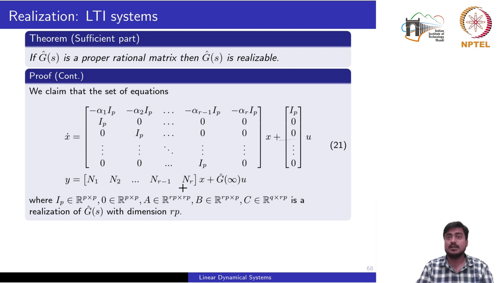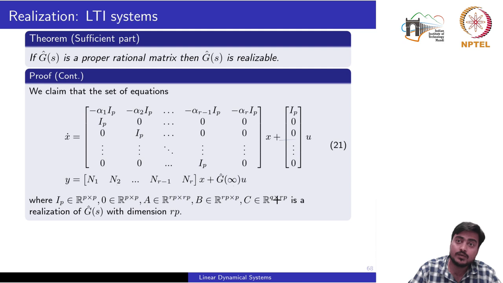Okay, so note what we had raised earlier, that there could be infinitely many state space representations, and it is not necessary that all these representations have the same dimension, right? So here we have the A matrix of dimension Rp into Rp, B Rp into p, and C q into Rp.